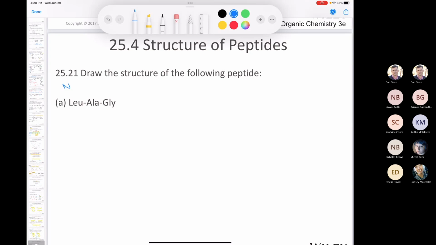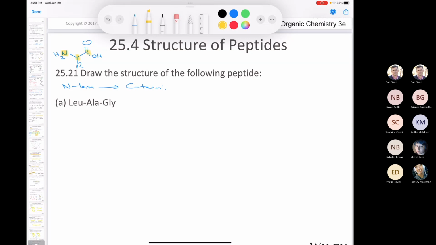You always start with the N terminus on the left, and then you go to the C terminus on the right. So since all the amino acids that we're looking at here are alpha amino acids, where we have an R group, and then we have an NH2 like this, we're always going to go nitrogen, carbon, carbon.